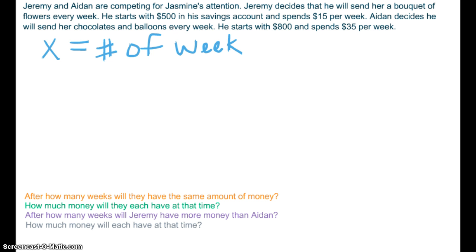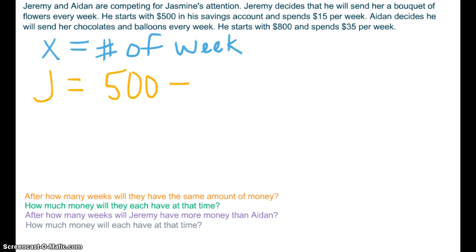Then we're going to assign some expressions. So I'm going to say J for Jeremy. Jeremy starts with $500 in his account, and he is spending money. He's not depositing money. He is spending money. Depositing is putting money in.